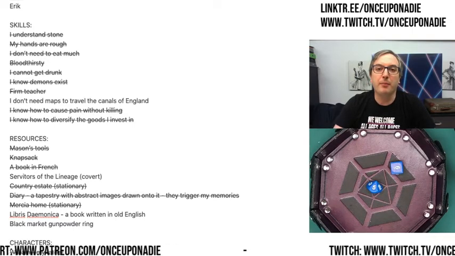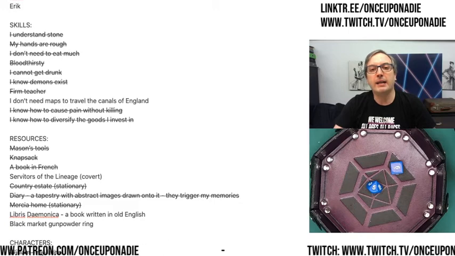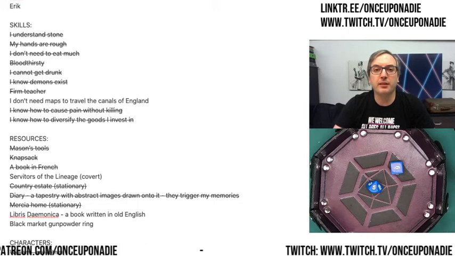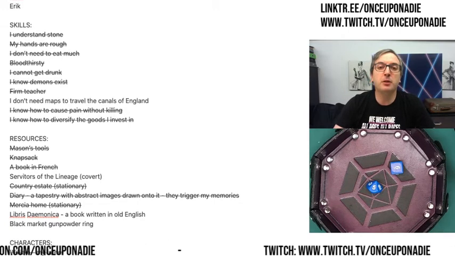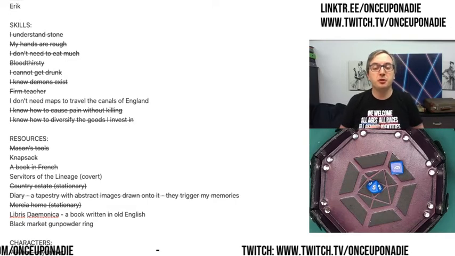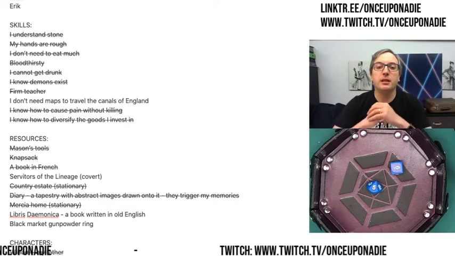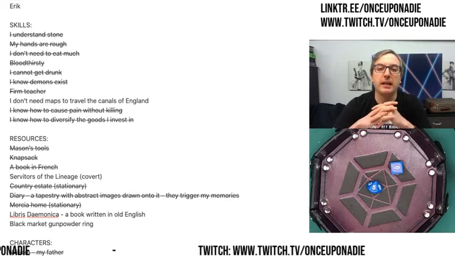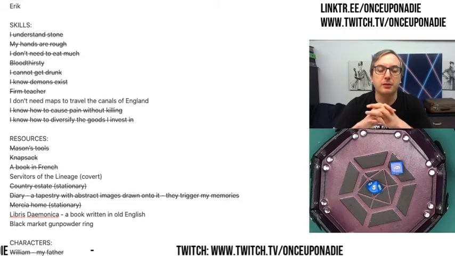I actually have a black market gunpowder ring, and because fabric and paper were more valuable, and my diary was a tapestry, I sold the tapestry as a piece of artwork and managed to keep myself afloat as a result.